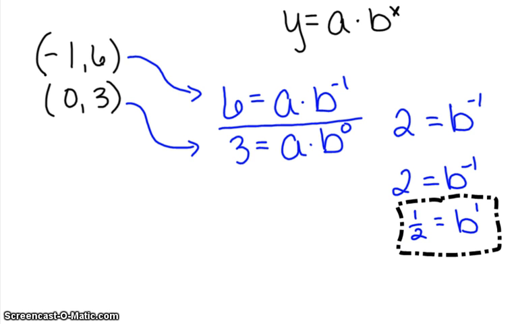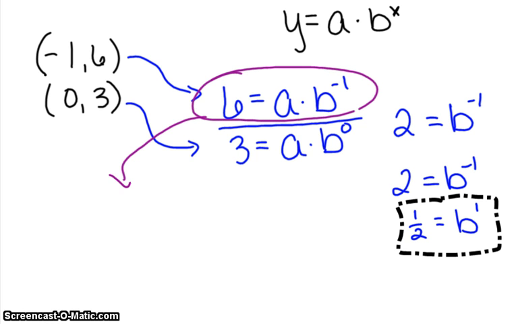So now let's take either equation, it doesn't matter which one. I'm going to go for this one right here. So pick one of your equations up there, go ahead and plug in the b. So 6 equals, we still don't know a, b is 1/2, and to the -1. 1/2 to the -1 is actually 2.